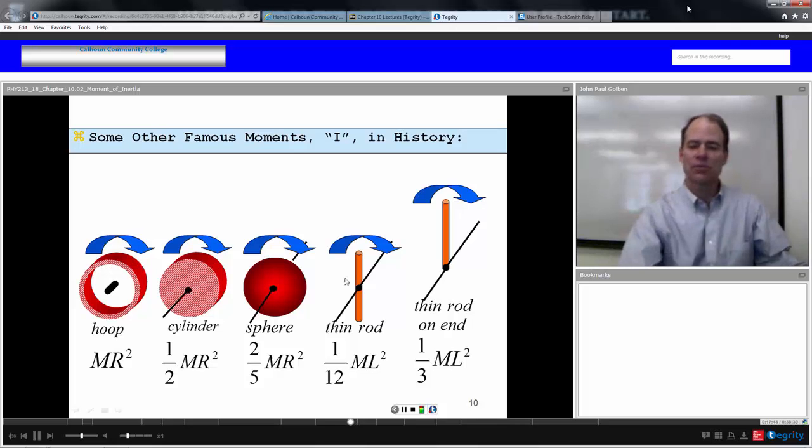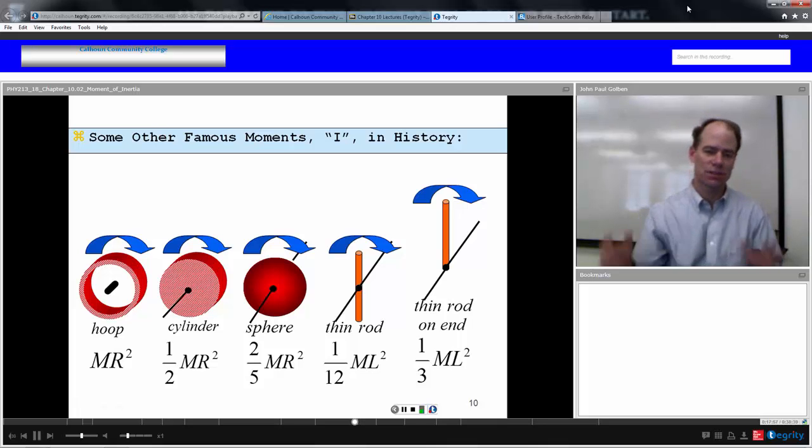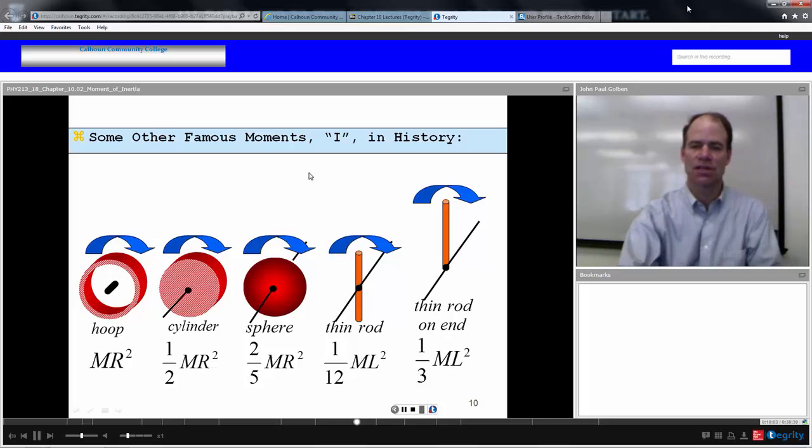There's an easy way to calculate this, but let me tell you that these 5 moments of inertia, these great moments in history, are moments of inertia that you should memorize, or at least put on your formula card to have easy access to. But these are 5 moments of inertia you should commit to memory.